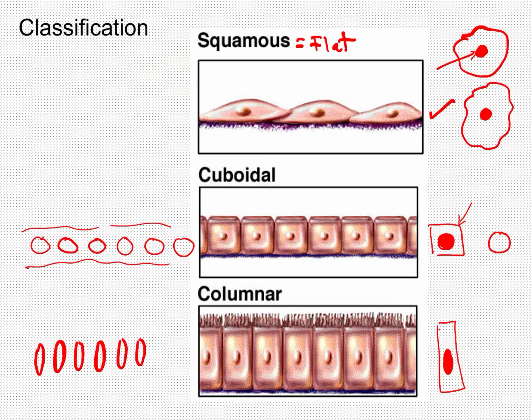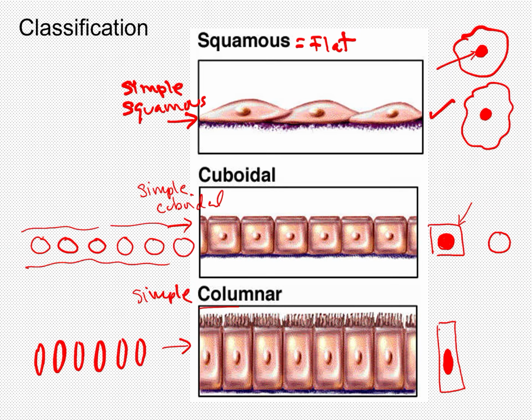If I had one layer of flat cells in this picture, I would call that simple squamous. Okay, so it's layer, then shape. I see one layer of cuboidal cells, so this would be simple cuboidal. I see one layer of columnar cells, so this would be called simple columnar.